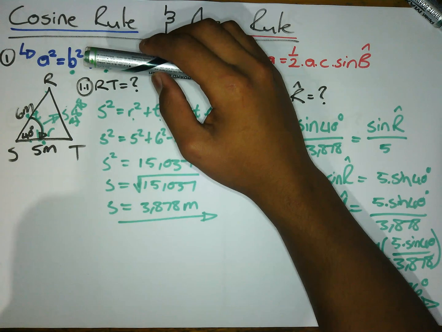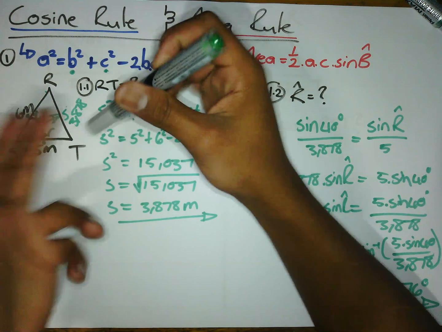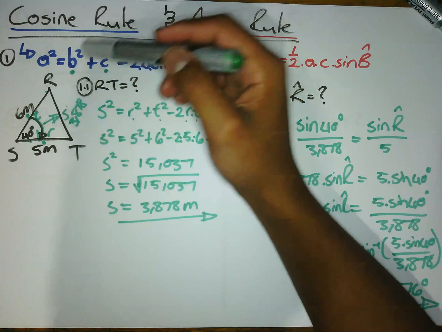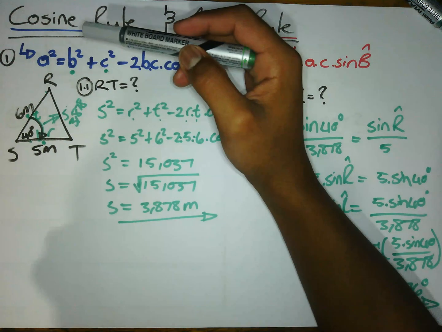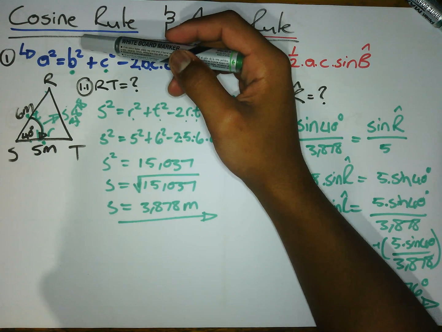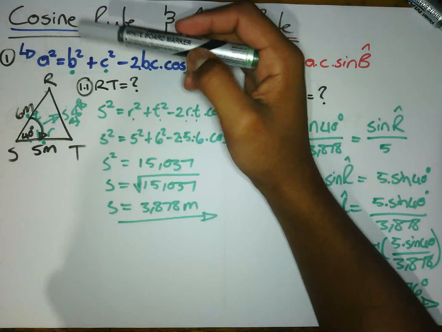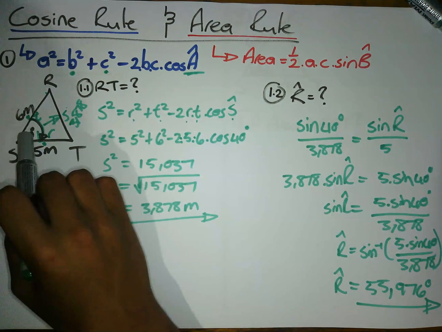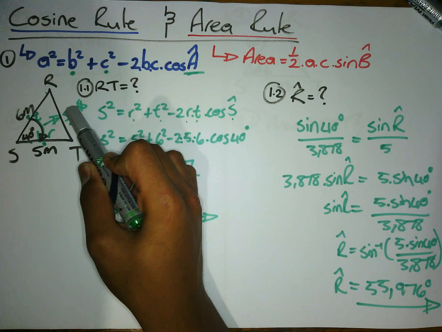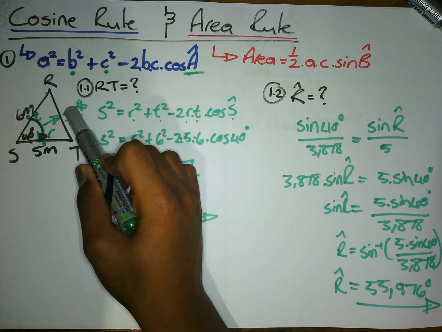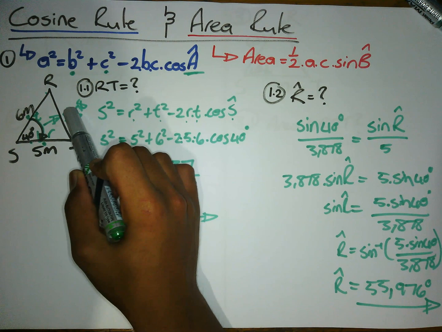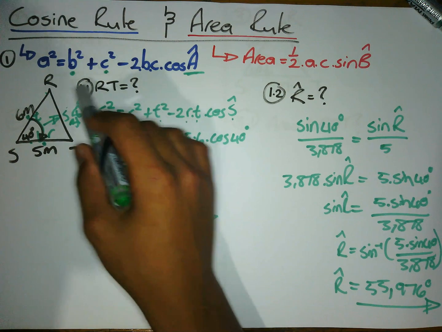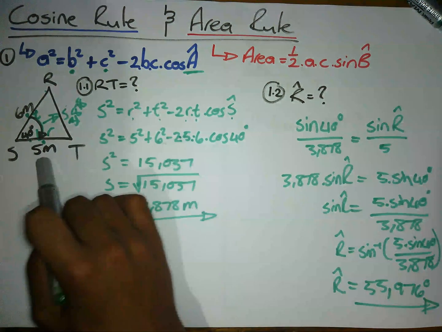Because for the sine rule, you need at least two angles in this triangle to get all the sides. And you don't have two angles, you only have one angle. So you can't say sin 40 degrees over this s equals to sin r over 5.